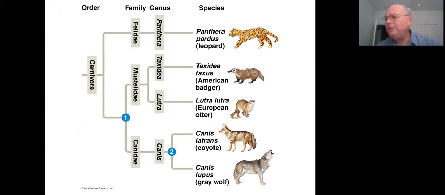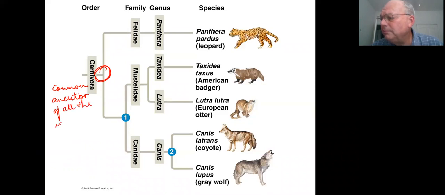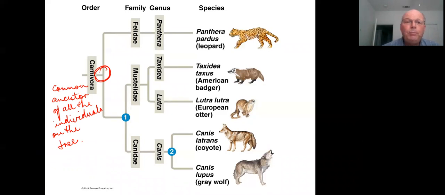The first thing to realize is that the branch point at the base of the tree down here represents the common ancestor of all the individuals on the tree. And in fact, under the new guidelines that we use for drawing these phylogenetic trees, that is one of the things that must be included in any tree diagram.